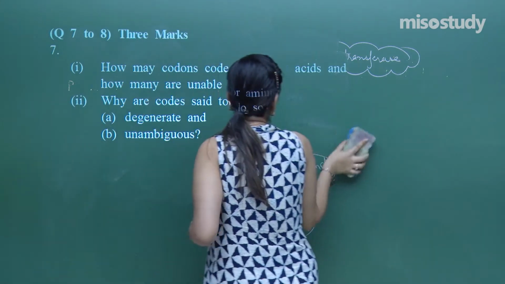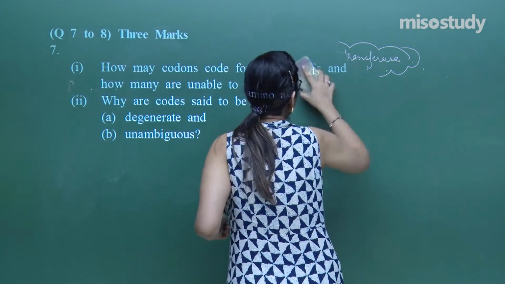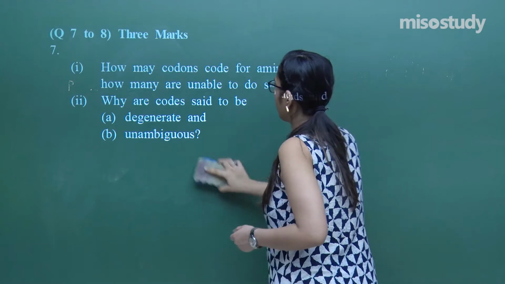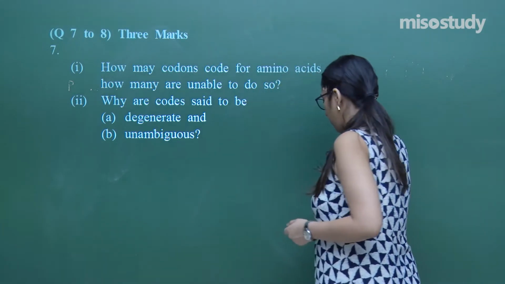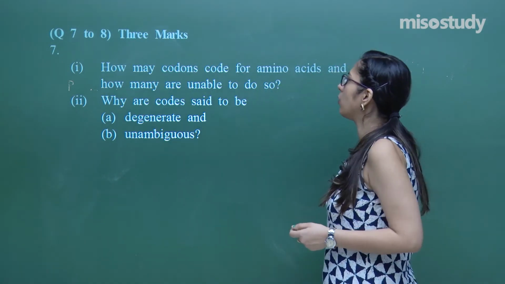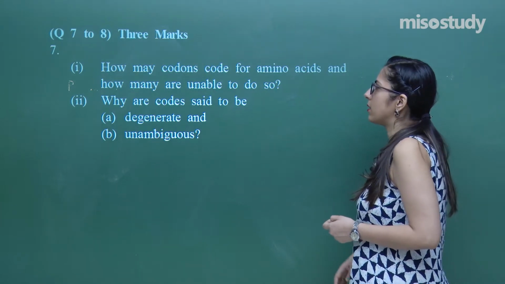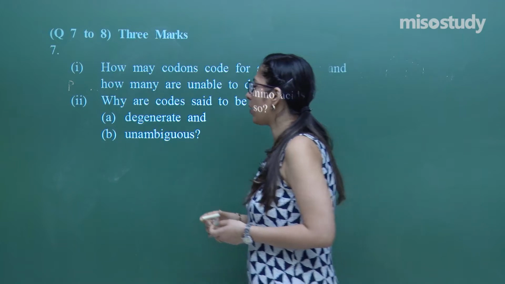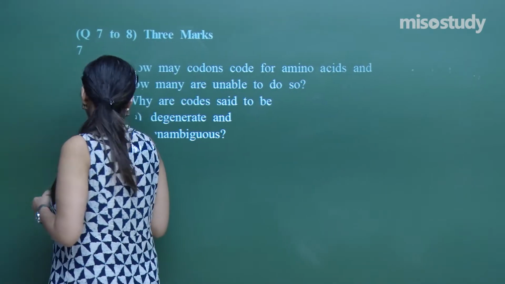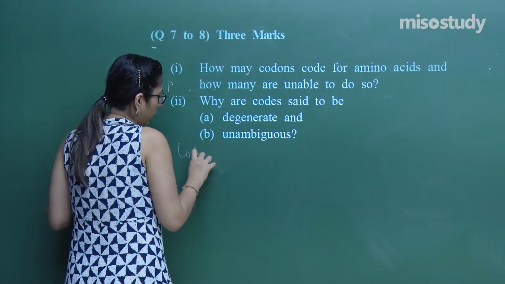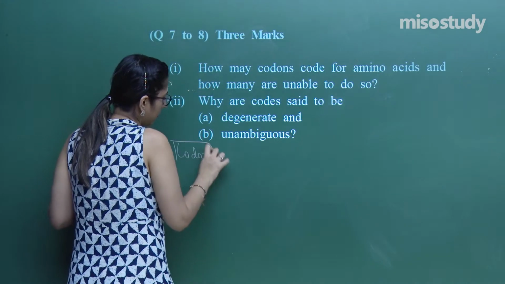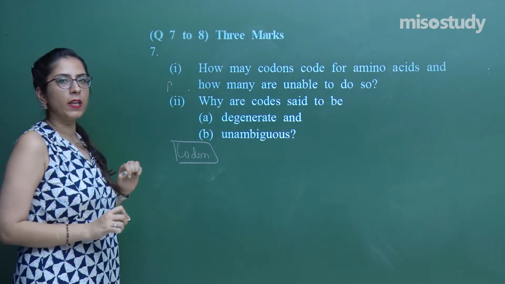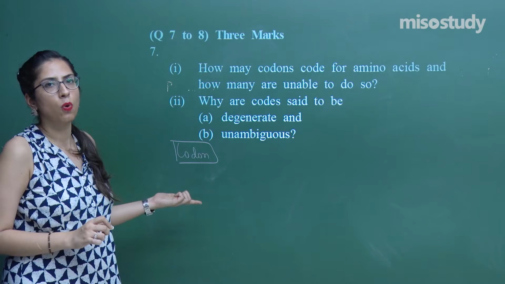Here is a 3 marks question. How many codons code for amino acids and how many are unable to do so? When we talk about a codon, we have discussed these codes.